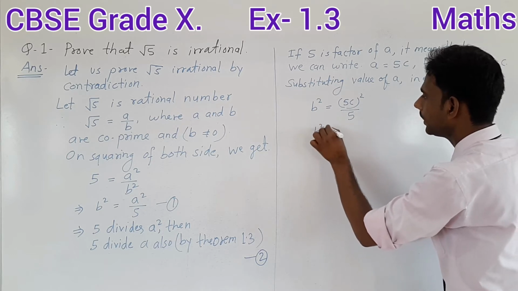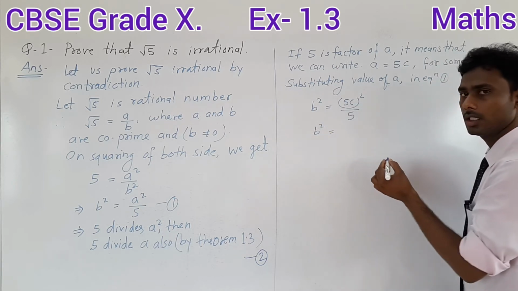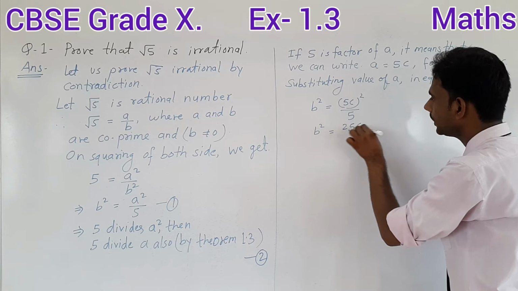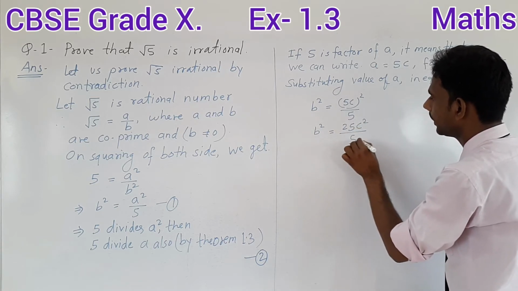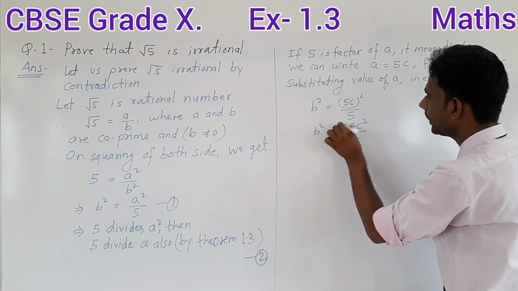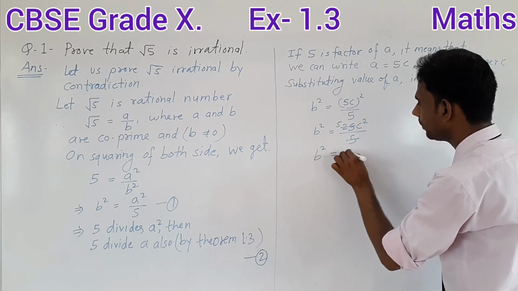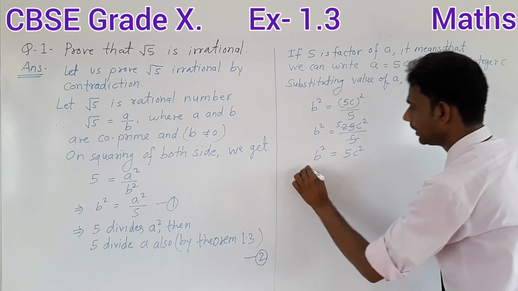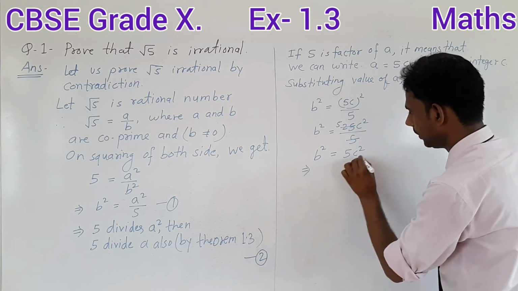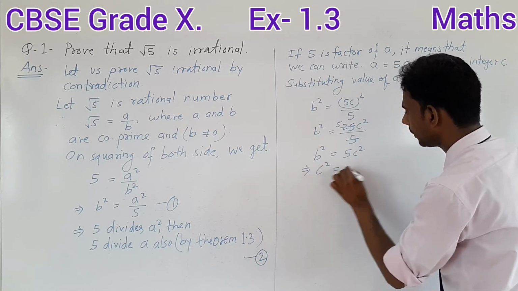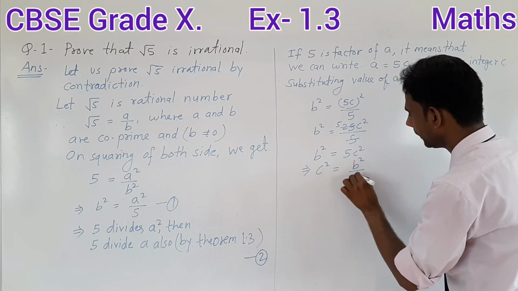Now b square equals 5c whole square, 25c square upon 5, 5 1 is 5, 5 5s are 25. Therefore b square equals 5c square. This implies that you can write c square equal to b square upon 5.